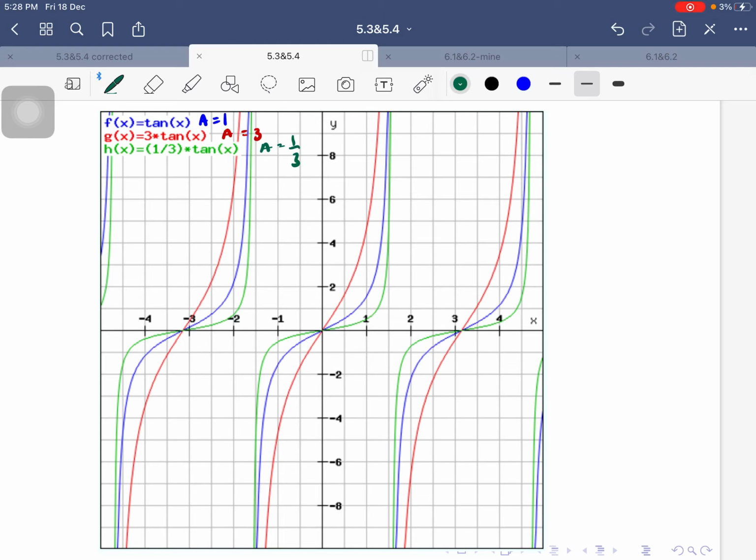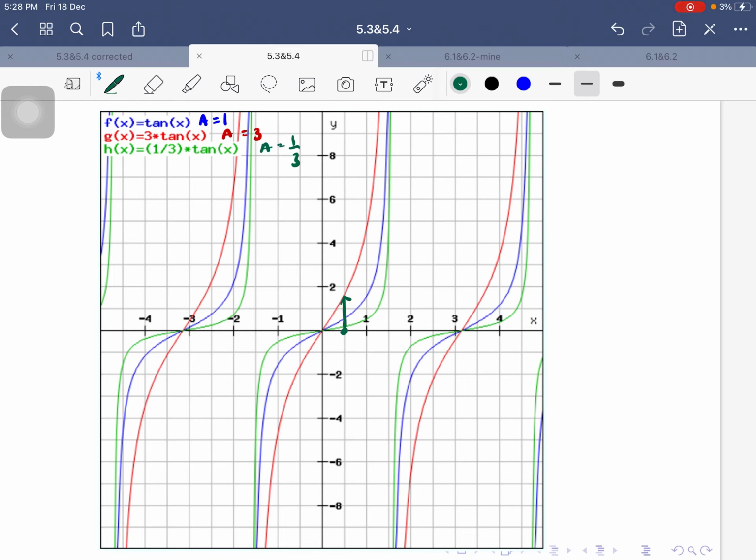Of course, the bigger the value of A, which refers to the red over here, the biggest it is. If you notice, it increased quickly. If I were to take the point over here, the red one is going to be the highest, followed by the blue, because it's A equals 1, followed by the green, which is A equals 1/3.